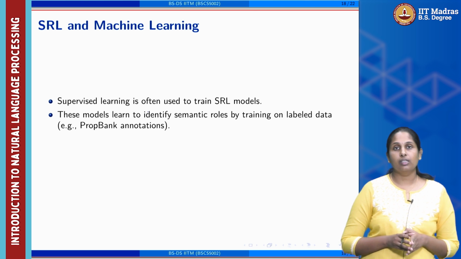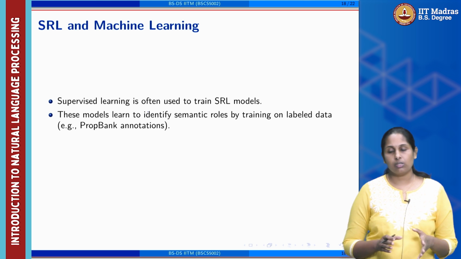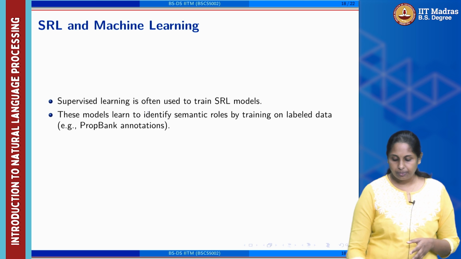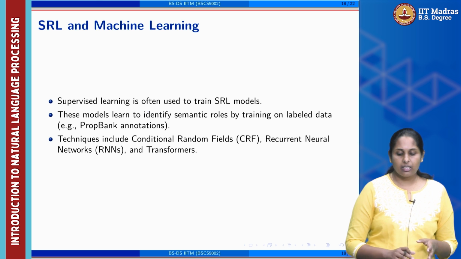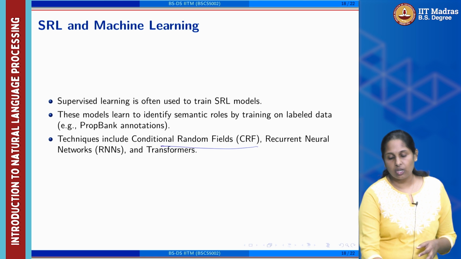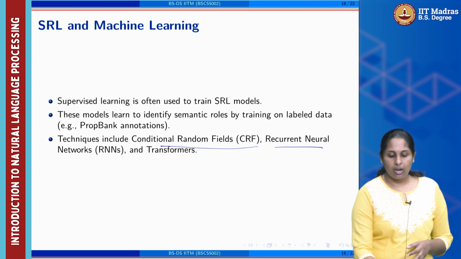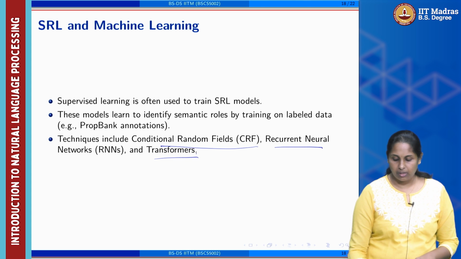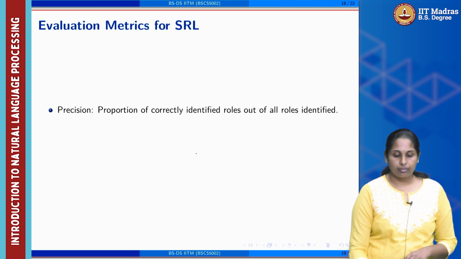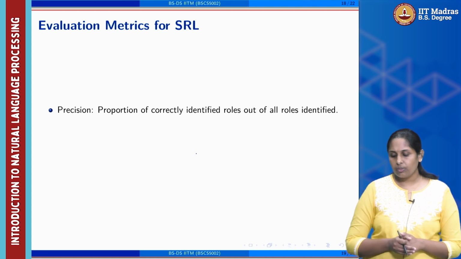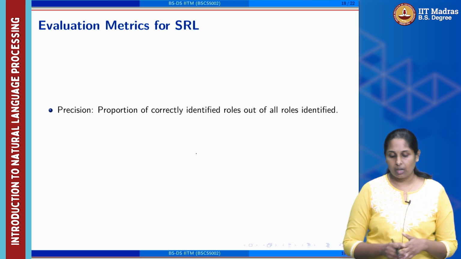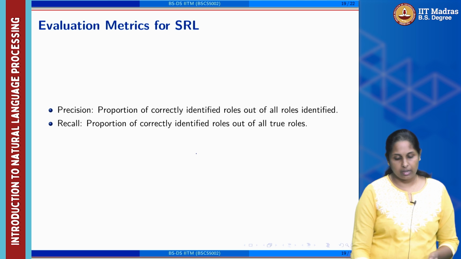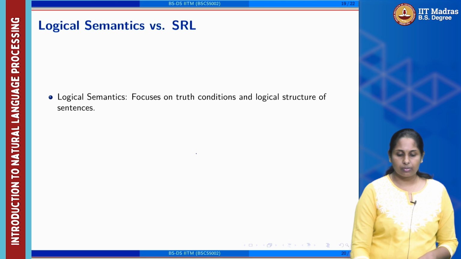These models learn to identify semantic roles from the labeled data, and techniques include CRF, conditional random field, and RNN and transformers can also be used in building the semantic role labeler. Again, the evaluation metrics for semantic role labeling are precision, recall, and F1 score.